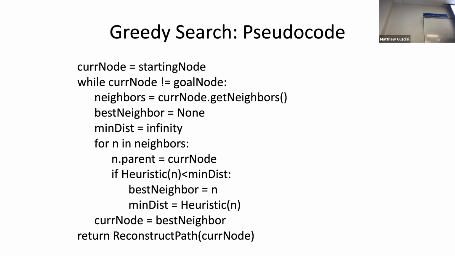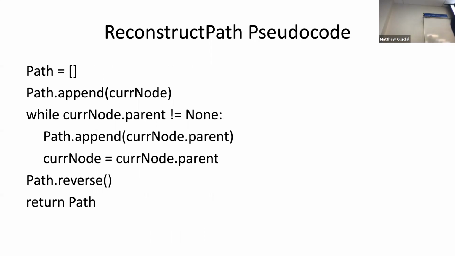And then at the end, once we find the goal, once this is no longer not true, we're going to reconstruct our path. So this is why it was important to say, what's the parent of this node? Which is basically a way of saying, what's the direction that we got to this node from? What was the last node that we were at when we got to this current node? And that lets us reconstruct this path, which is basically to say, hey, let's start off with the path being empty.